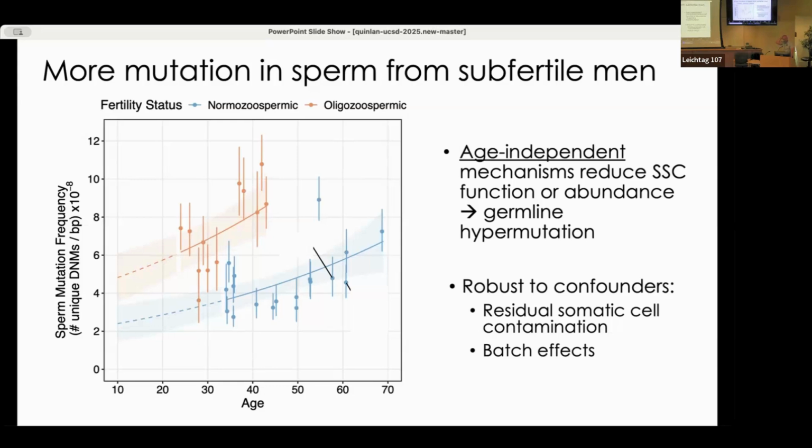So one of the things that has kind of plagued this field a little bit is that you have to go through pretty detailed protocols to eliminate somatic cells so that you're just measuring mutation in gametes. The lab that we collaborated with has pioneered those techniques. So we think this result is robust, and isn't a difference of there being more somatic cells in the samples from the subfertile men versus the fertile men.